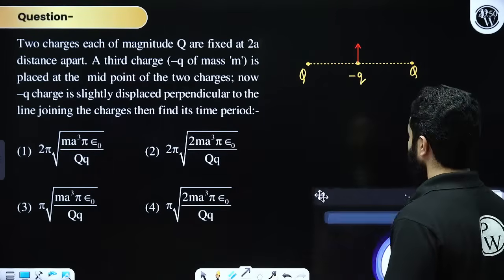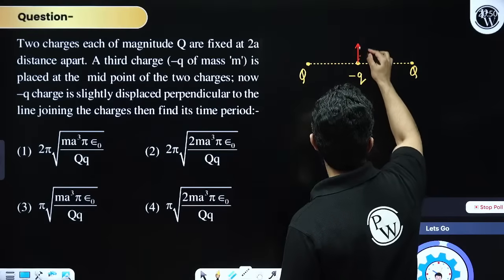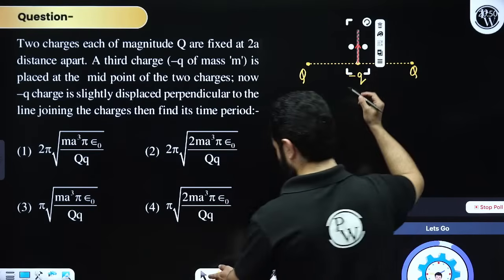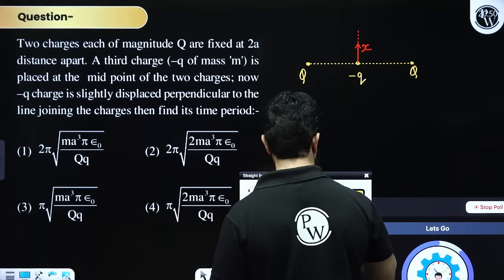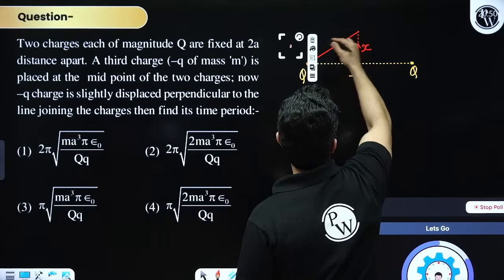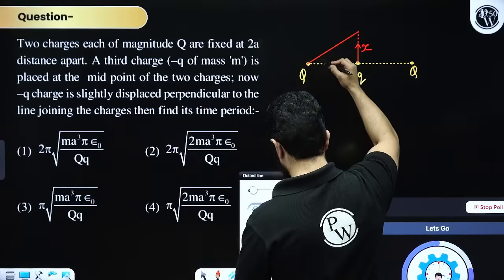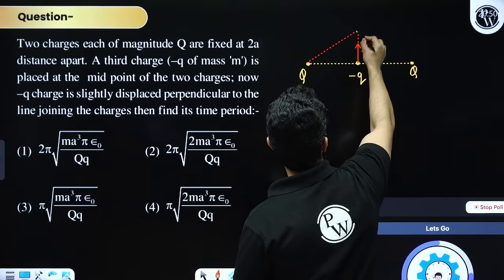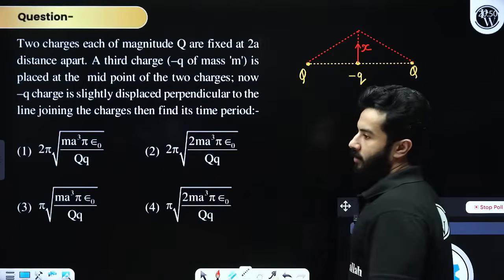90 seconds. Let's start. Let's suppose we have displaced it by a distance x. So let's say this is x. Come on, be quick.